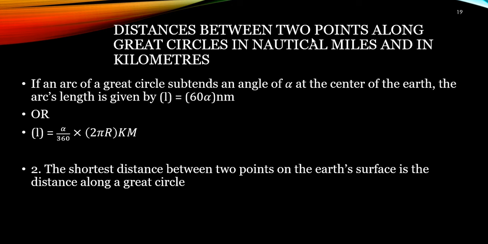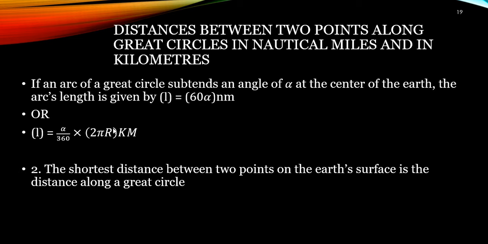Distances between 2 points along great circles, in nautical miles and kilometers. Under this, if an arc of a great circle subtends an angle of alpha at the center of the Earth, the arc's length is given by L equals 60 times alpha nautical miles. In other words, the length is equal to alpha over 360 times 2 pi r.